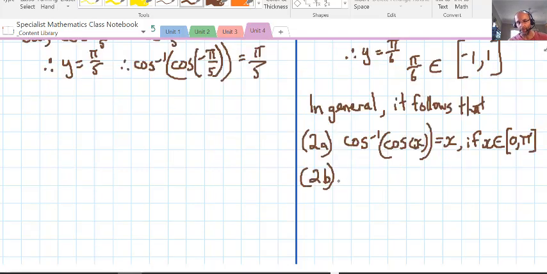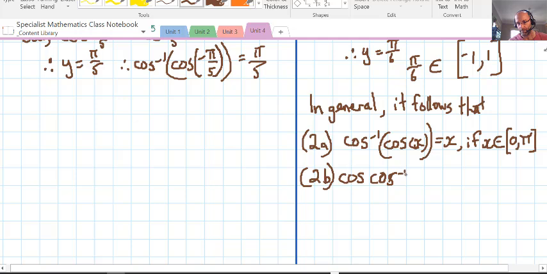And likewise, result 2a and then 2b, with the range -1 to 1. So copy those down, they're very important results.